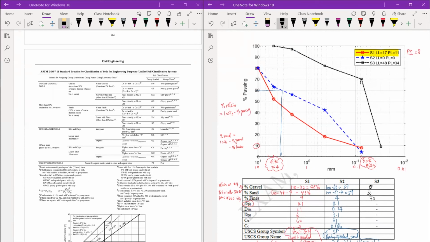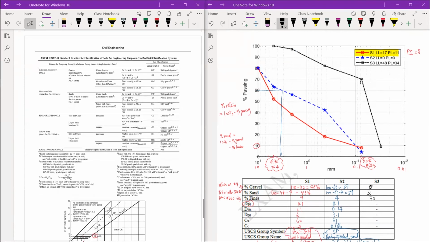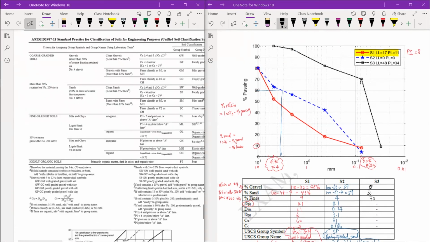And after I have done that, then let's go to the ASTM table again. In this case, work from left to the right. In this case, we have the majority of fine grain material. So we have 50% or more, which in this case is 70%, passing the number 200 sieve.